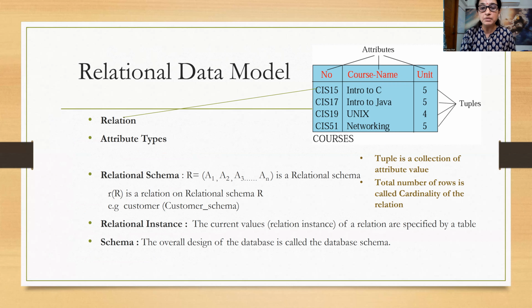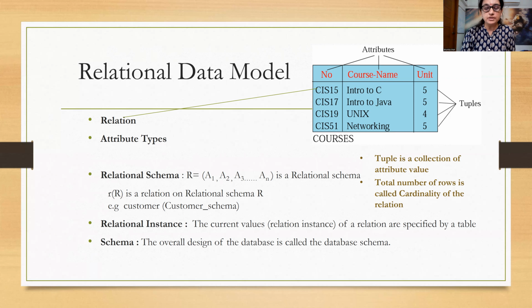What we mean by a relational schema, for example the customer schema. What do we mean by a relational instance? That is the value of a relation specified by a table, and the overall design is termed a database schema. This is how we introduce them to the relational data model.